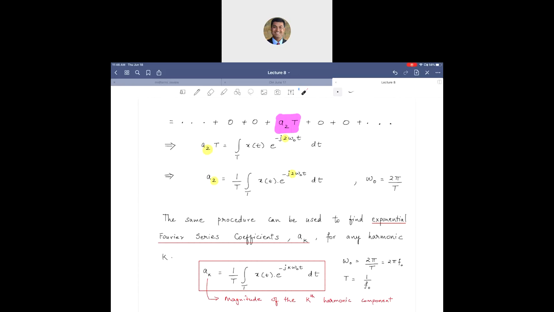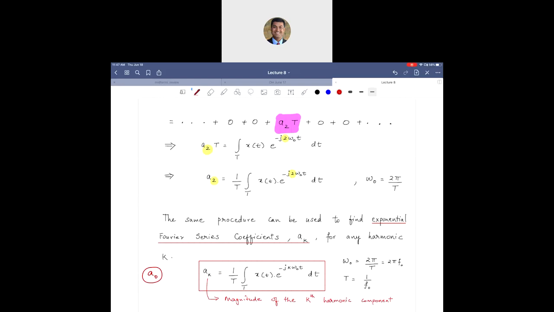The second thing that I would like to emphasize is, find a sub 0 first. A sub 0 is the average value of the signal, and I'll prove it in just a bit. The reason why I am saying evaluate a sub 0 first is because when you evaluate a sub k, sometimes 0 might not be included in the general form.